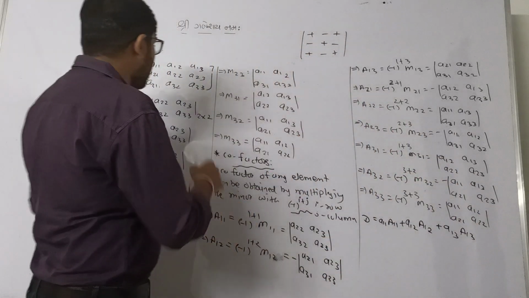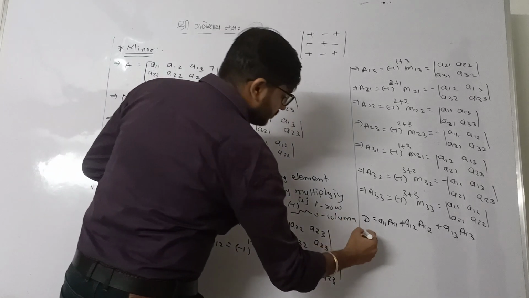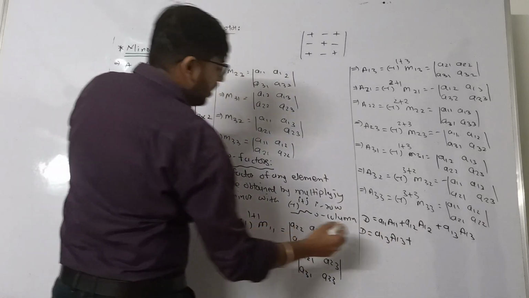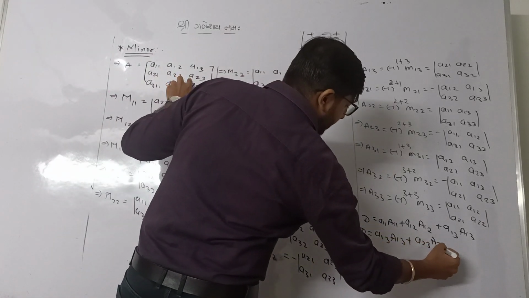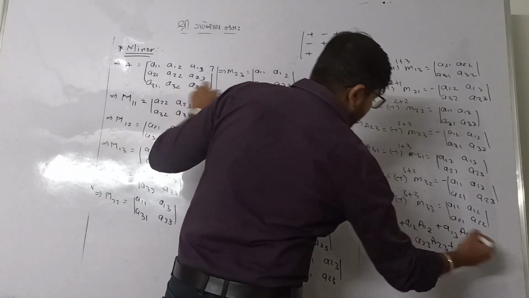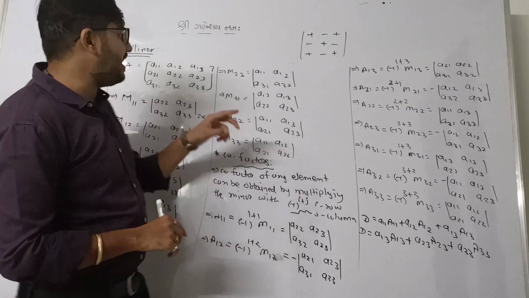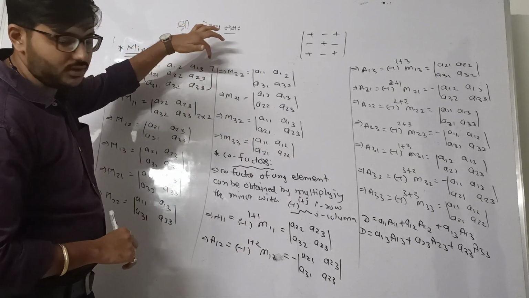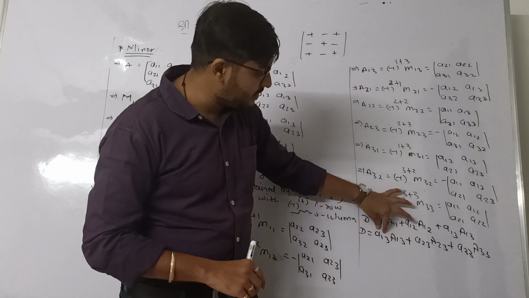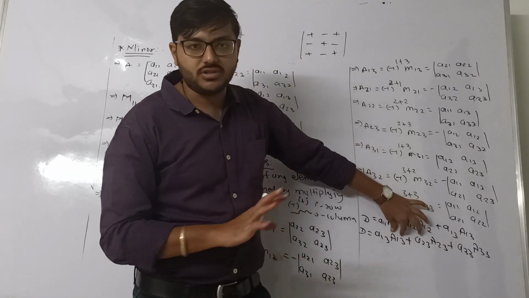So if you want to select the third column, the answer of determinant will be small a13 with capital A13, then small a23 with capital A23 and small a33 with capital A33. Do not interchange the elements of rows and columns. Do not interchange the cofactors. That means if someone wants to say a13 with A23, a23 with capital A13, it is not possible.